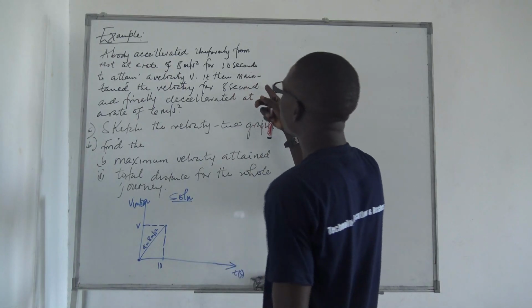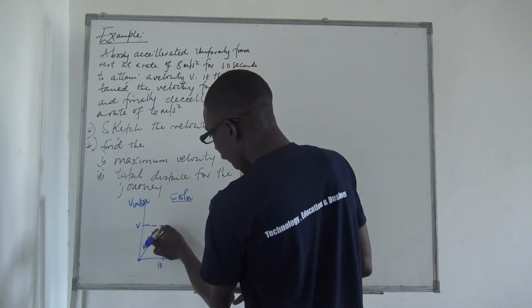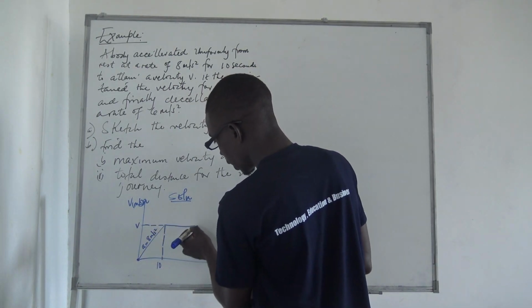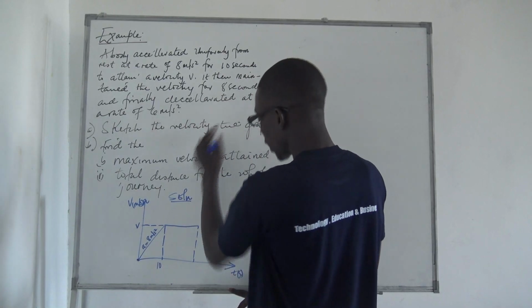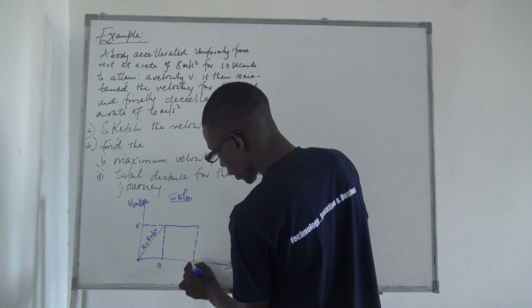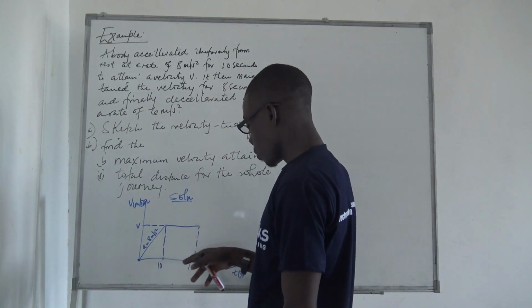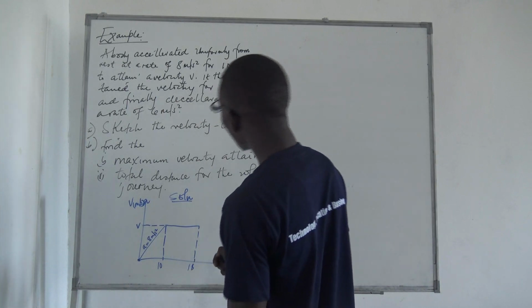Then they're saying that it maintained the velocity for 8. After getting this velocity, it said I'm going to move with it constantly. For how long? For 8. That means there should be now 18. If this is 10, from here up to here should be 8. That means this one should be 18.